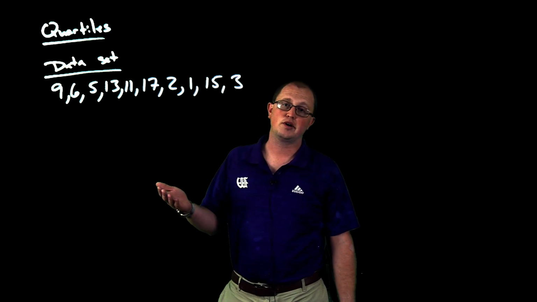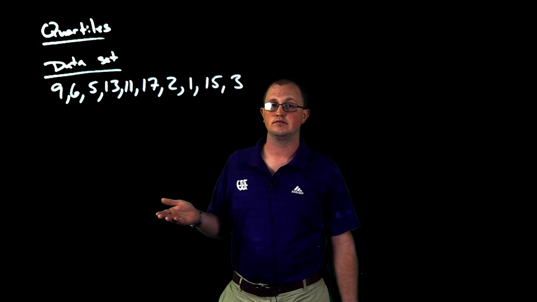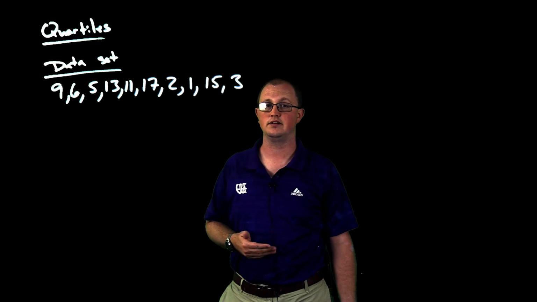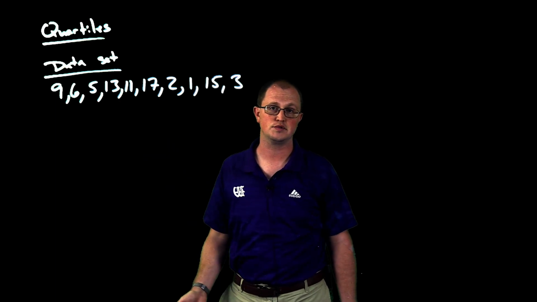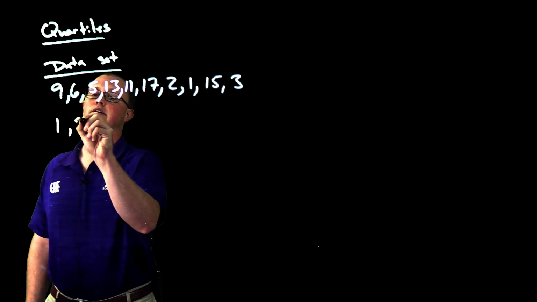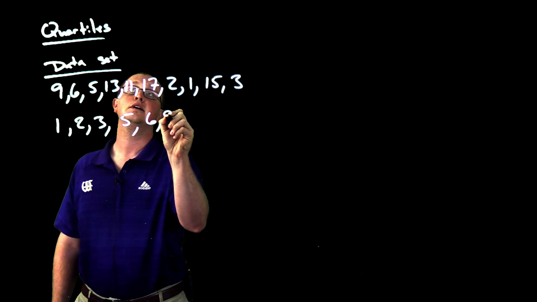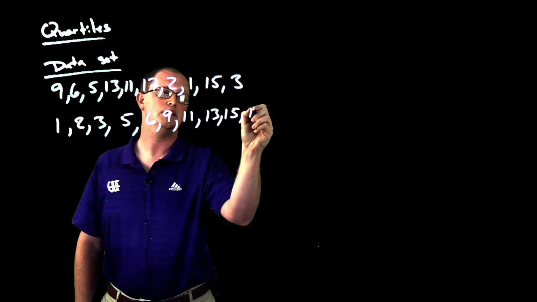To talk about quartiles, the first thing we need to talk about is the median. If you remember from the previous video, how do we calculate the median? Well, we start by taking our data set and we put it in order from smallest to largest. So in this case, this becomes 1, 2, 3, 5, 6, 9, 11, 13, 15, 17.